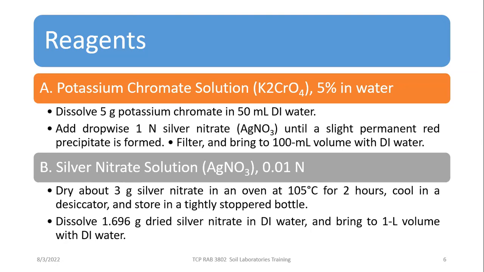For silver nitrate solution, 0.01 normality, dry about 3 grams of silver nitrate in an oven at 105 degrees Celsius for 2 hours. Cool in a desiccator and store in a tightly stoppered bottle. Dissolve 1.696 grams of dried silver nitrate in distilled water and bring to 1 liter volume with distilled water.